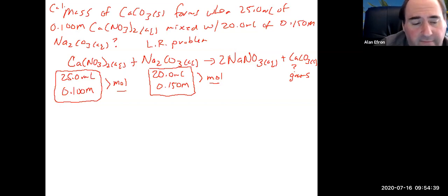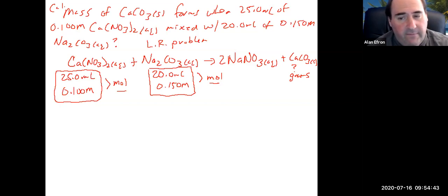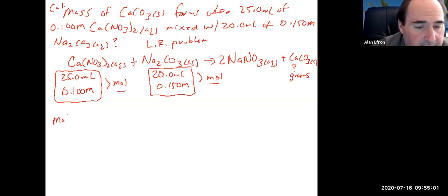So even in a solution stoichiometry problem, if you still have enough information to get moles of each of the reactants, you still need to figure out the limiting reagent. So we do need to approach it slightly differently than what we were doing, but similar. We're still going to start out with the moles of each of these. So I'm going to figure out the moles of calcium nitrate.